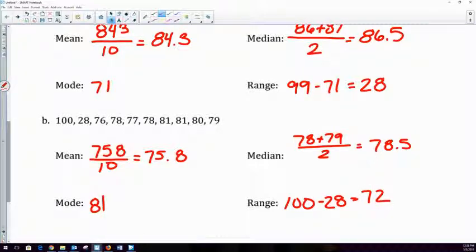Notice with number 2 or letter B, you actually have two modes. How did you do with figuring out all of your mean, median, mode, and ranges? Hopefully you did a great job. If not, you can definitely go back and keep practicing it.